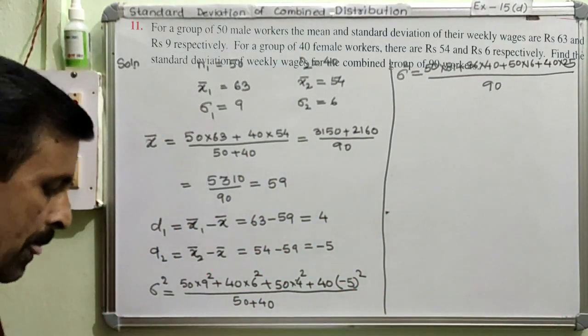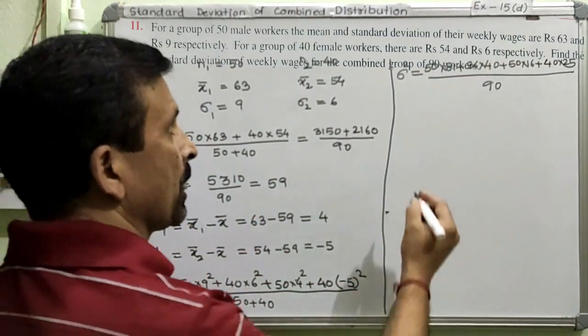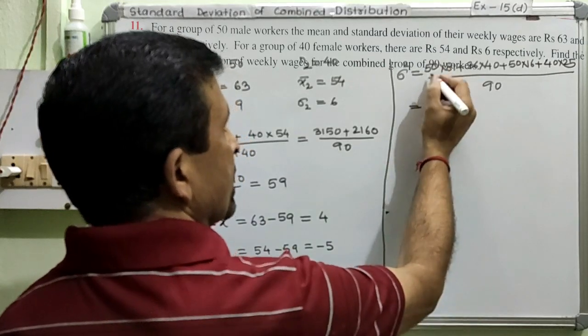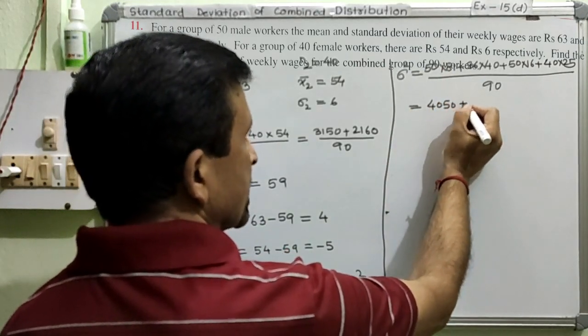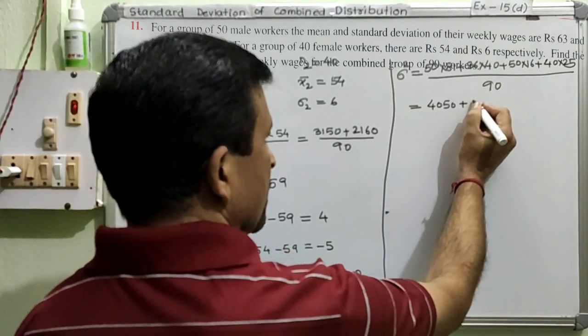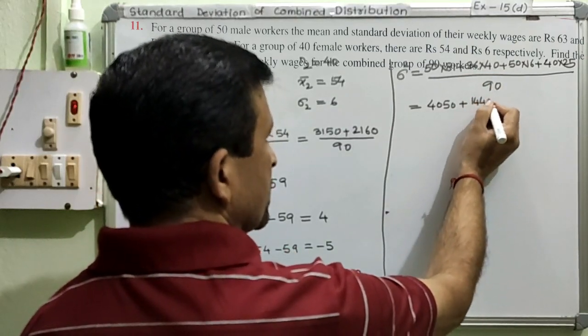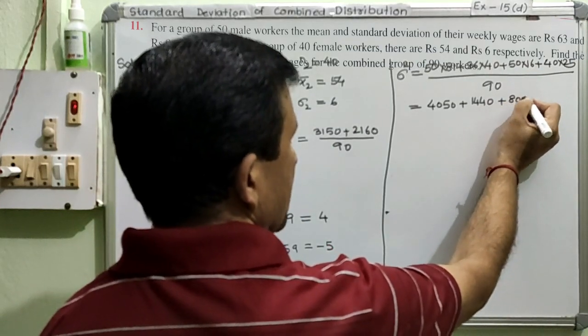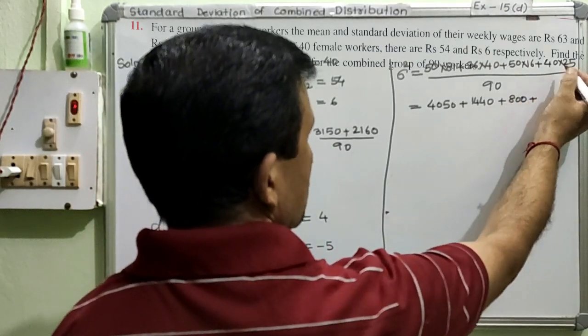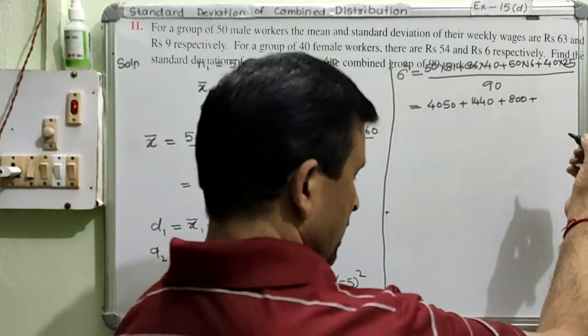Am I very clear? So start calculating. 81 into 50, 4050, plus 36 fours are 1440, plus 16 into 50 is 800, plus 25 fours are 1000.